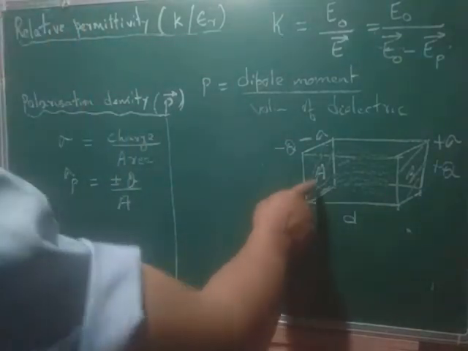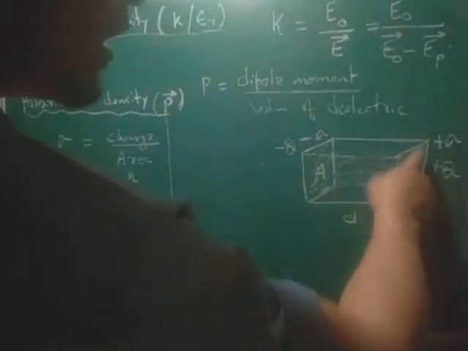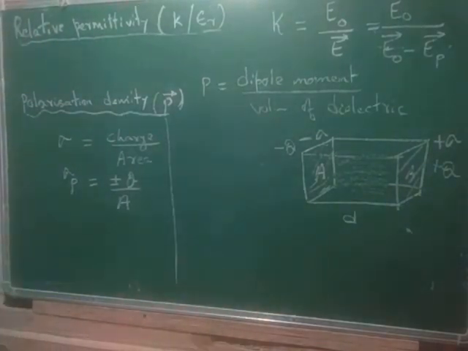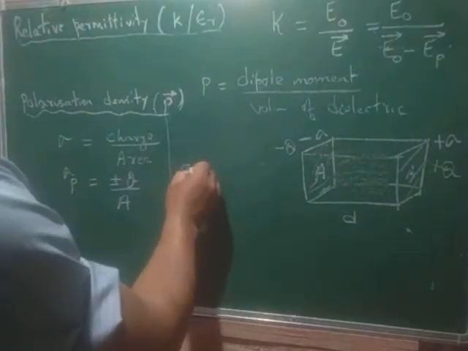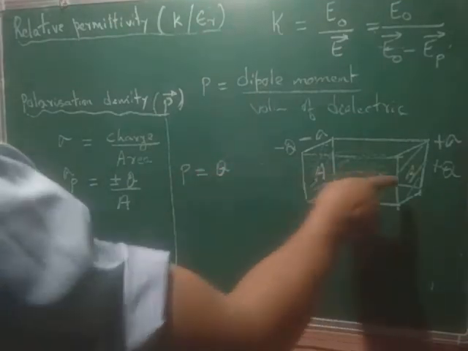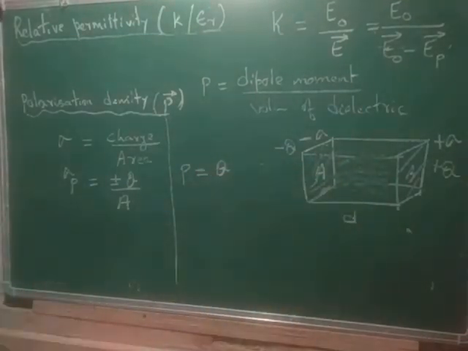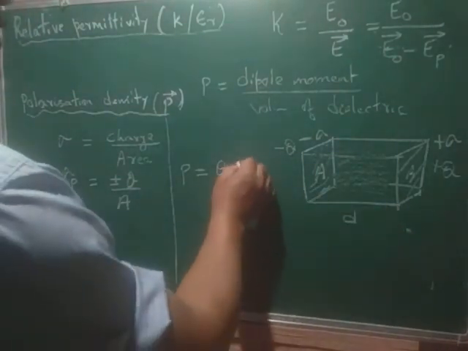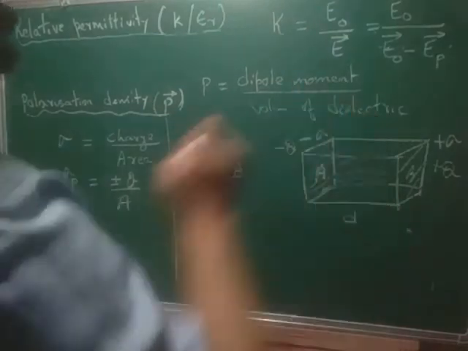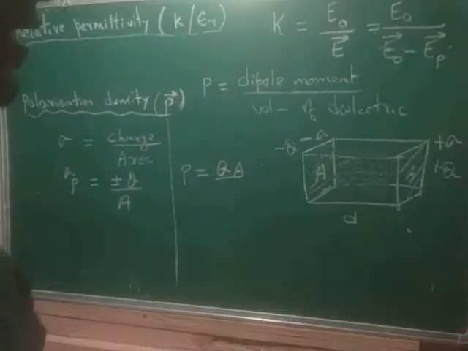So if you imagine the whole dielectric as a large dipole, P is equal to the charge on either side, Q, times the distance, D, upon the volume of the dielectric.